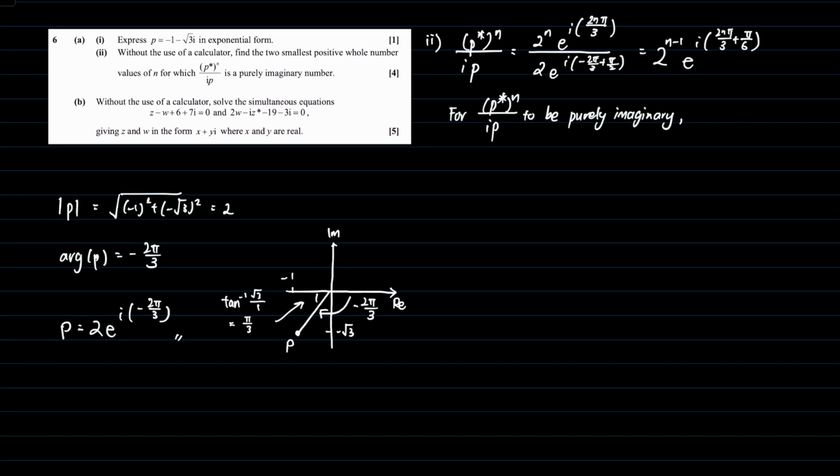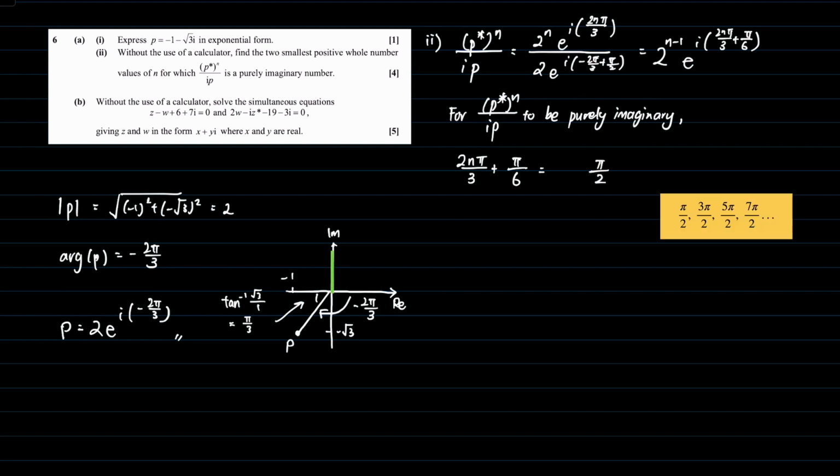Now for this expression to be purely imaginary, it means that the complex number lies only on the y-axis, which is π/2 or -π/2. But this also means that the possible arguments of this expression could be π/2, 3π/2, 5π/2, 7π/2, and so on.